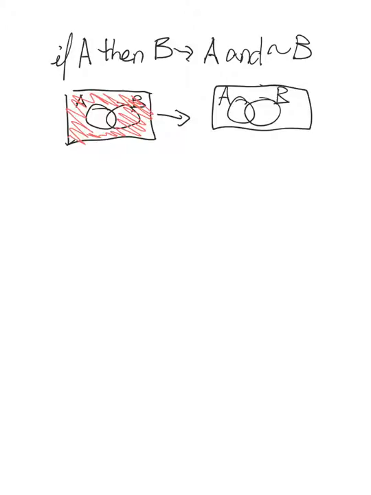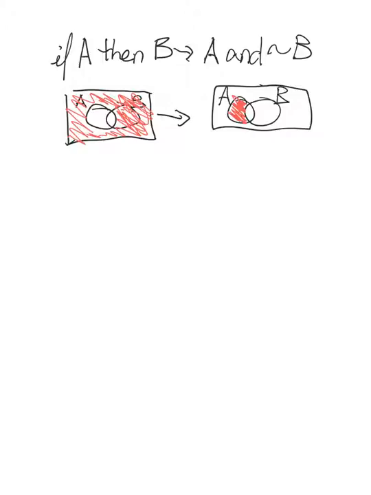Meanwhile, the negation of it would be everything that isn't covered in red. Therefore, the negation is what is only in A. Then the above statement starts to make sense: A and not B. Therefore, everything in A that isn't in B.